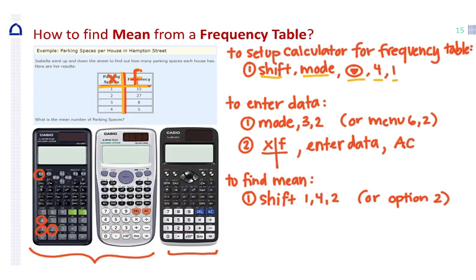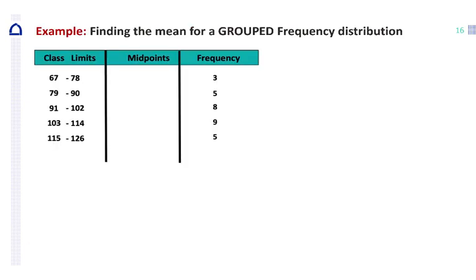And when you press that, you will see x bar equals, and we get 2.05. If you have this third calculator, you press the option button and then 2, and that will give you the same answer.